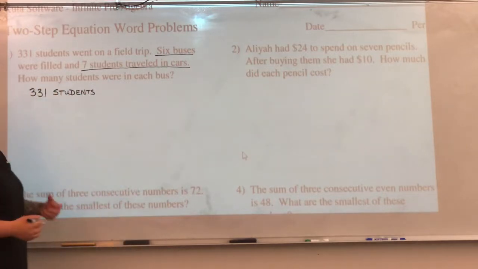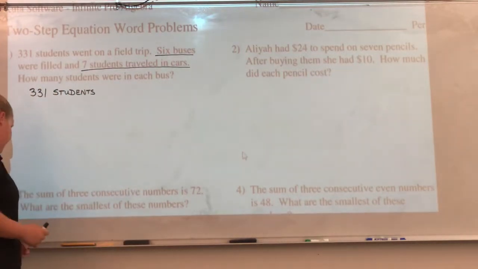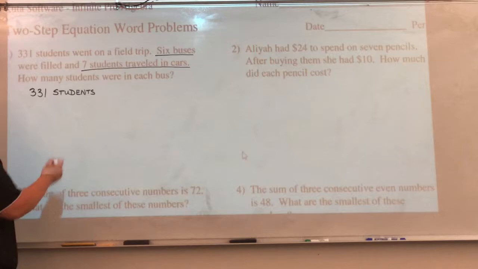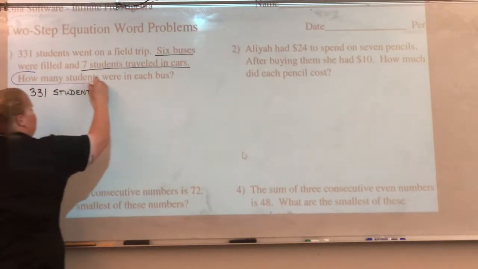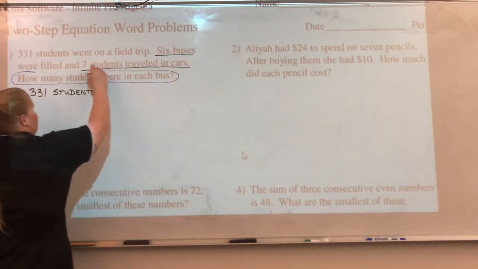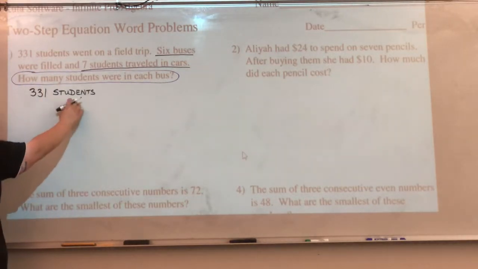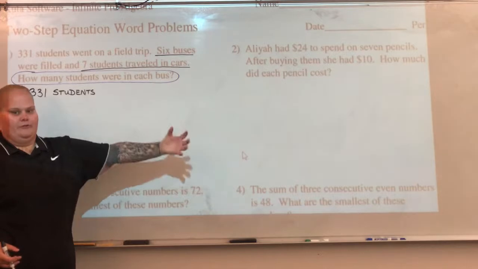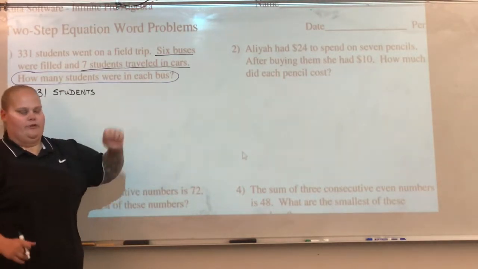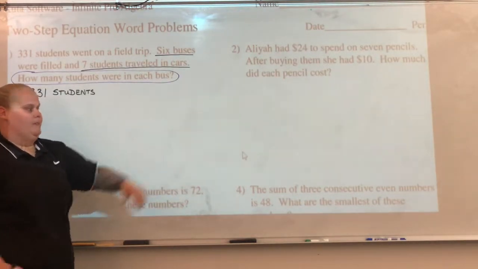And then the next thing is, what does it want to know? It wants to know how many students were in each bus. So I know that 331 students went somewhere on a trip.